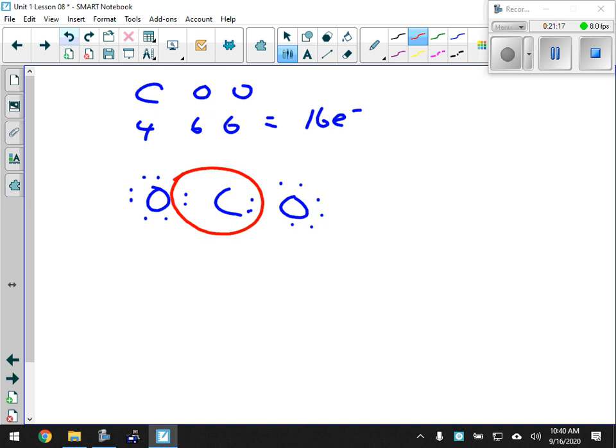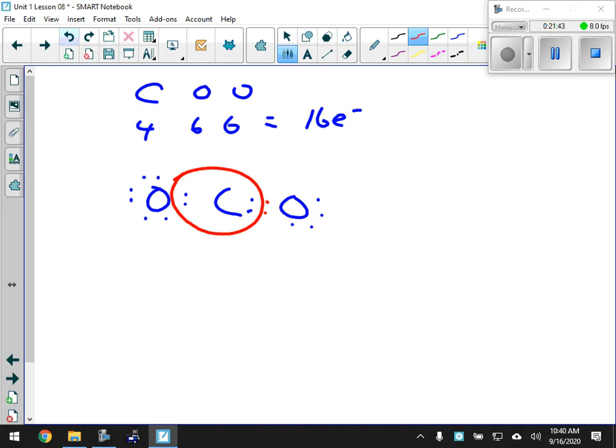So right now, the problem is these two, I'm just going to pick these 2 right here. You can pick any 2. But those 2 only belong to the oxygen, yes? But if I take those 2 and I move them between C and O, then they belong both to C and O now. They still belong to O. So if I take these 2, watch this, take these and put them there.